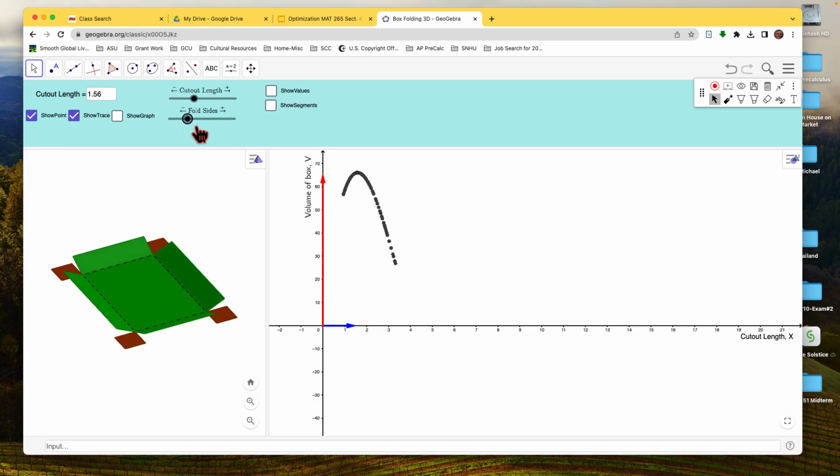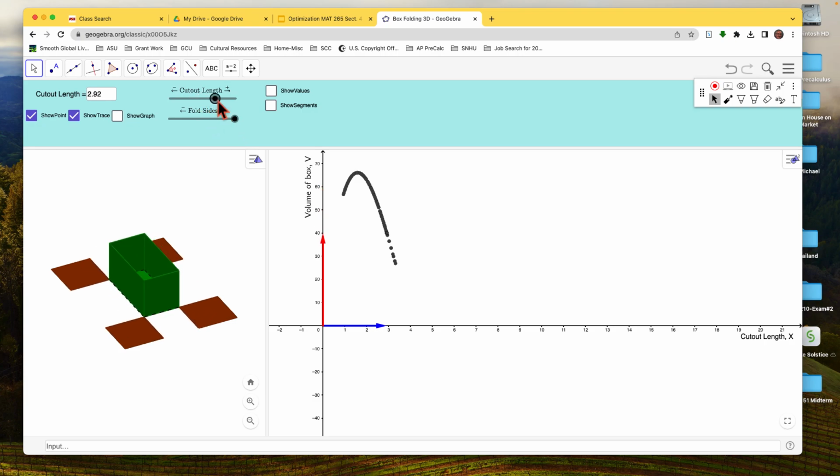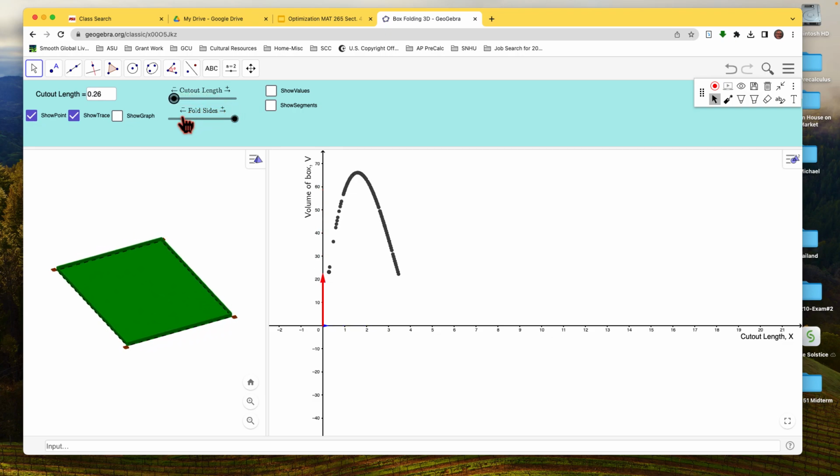And then here's my box. Okay. And again, if I make the cuts bigger, I get a taller box, but it's actually got less volume. So you can play with this a little bit and see what's happening. There's a place where it will maximize. Comes down. Kind of looks like it's going to be quadratic, right?